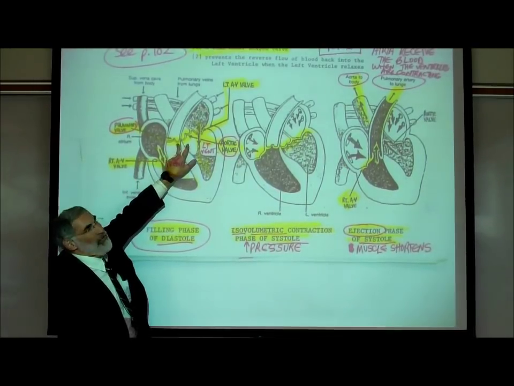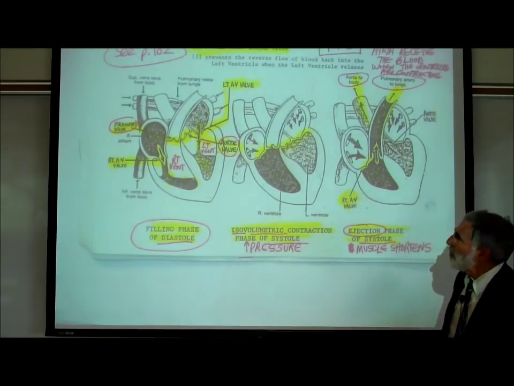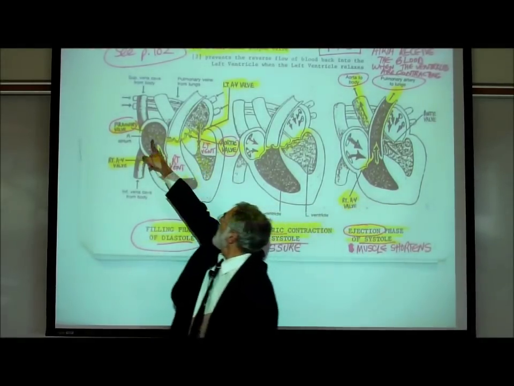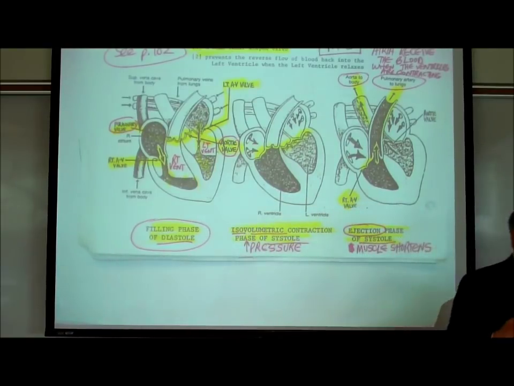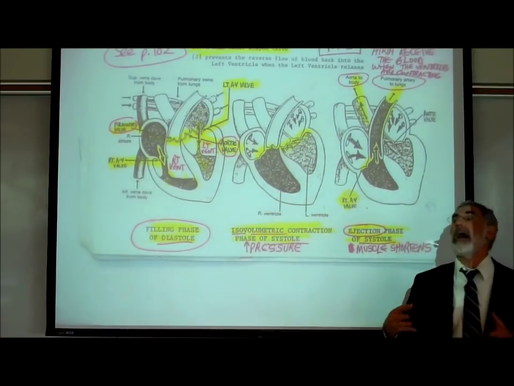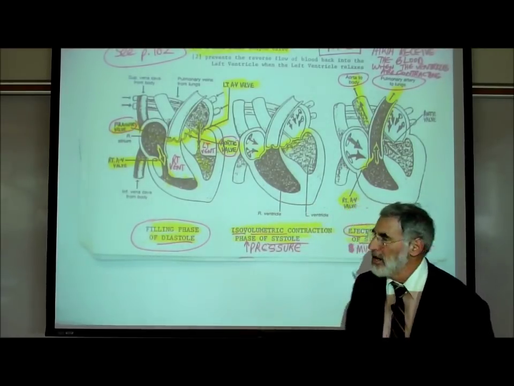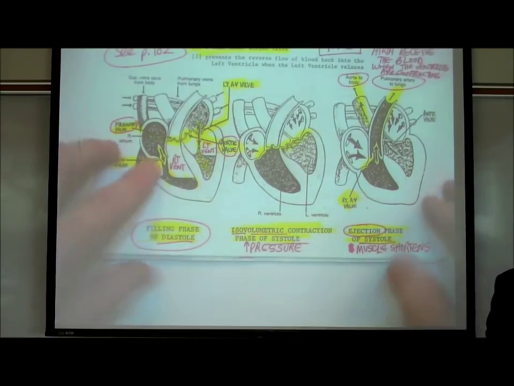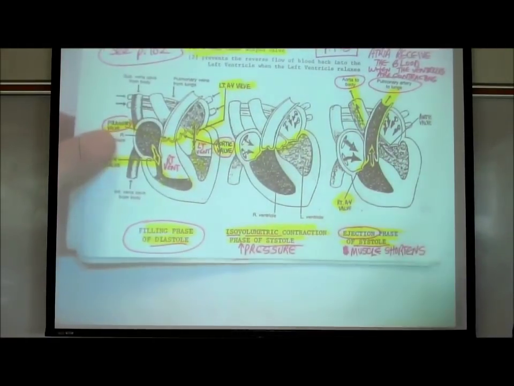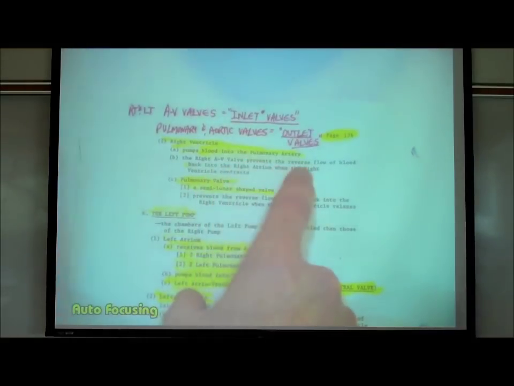Now, the other 2 valves of the heart are the pulmonary valve and the aortic valve. The anatomists commonly refer to them collectively as semilunar shaped valves because they have a similar shape. But I said we could think of them as the outlet valves. You'd say, when did you tell us that? At the top of the page. The pulmonary and aortic valves are the outlet valves.